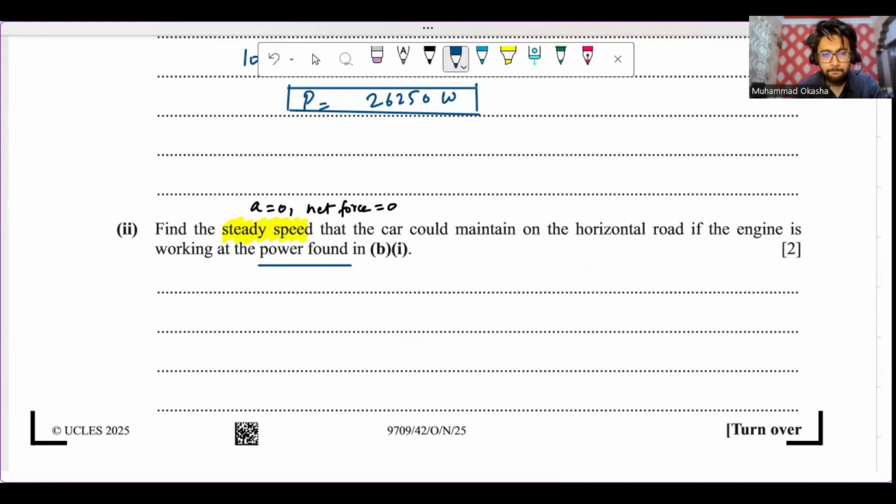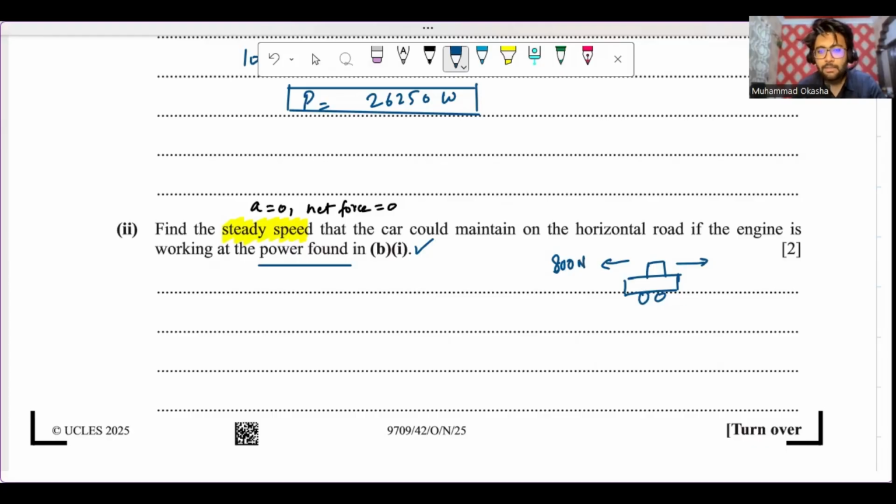The car could maintain on a horizontal road if the engine is working at the power found in B1. So basically, if the engine is working at this power, which is 26,250, what is the force such that the forward and backward forces are equal? We know the backward force is 800 newtons.